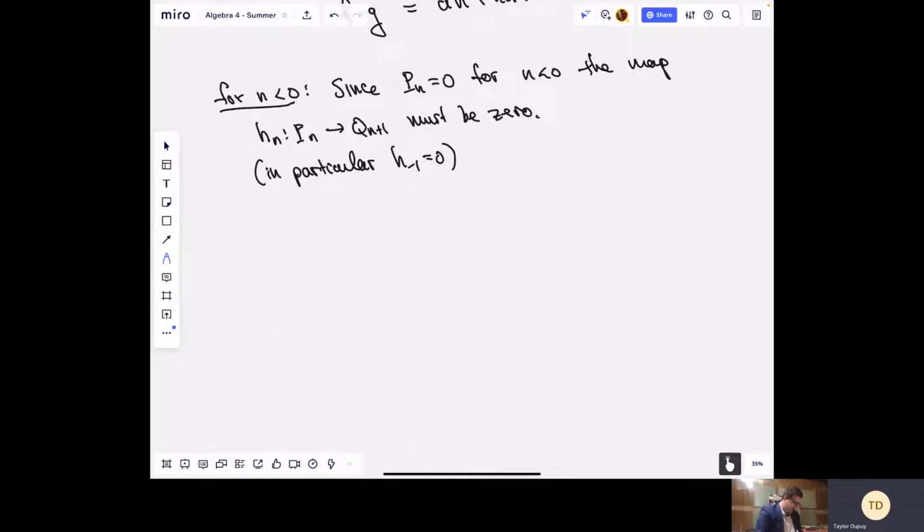Now let's do the base case, n equal to 0.